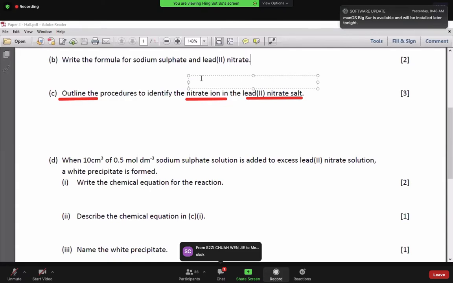If you have the answer, you can give me in the chat box. 不是啦，不要乱来。This is different from what we learned in the IGCSE. If you have the answer, try to give me.